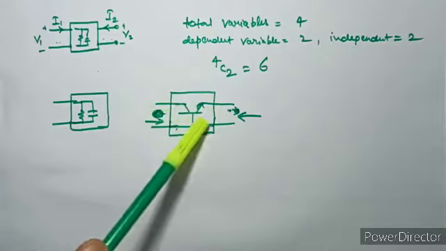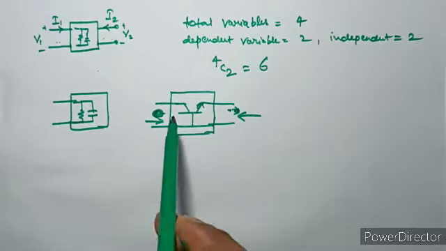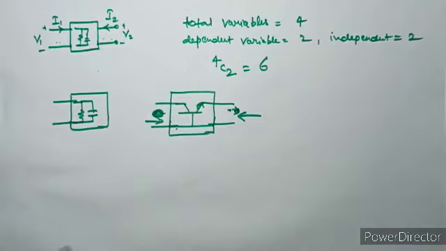In place of this, if we have an op-amp, that will also be an example of a two-port network. In general, if we have n ports, then this system will become an n-port network.